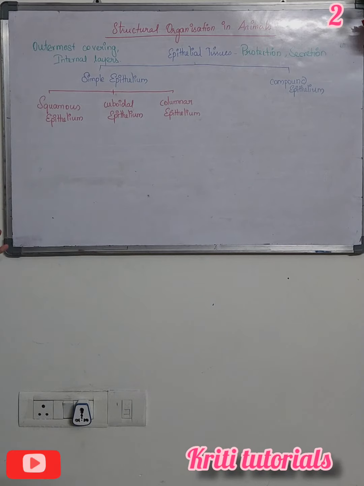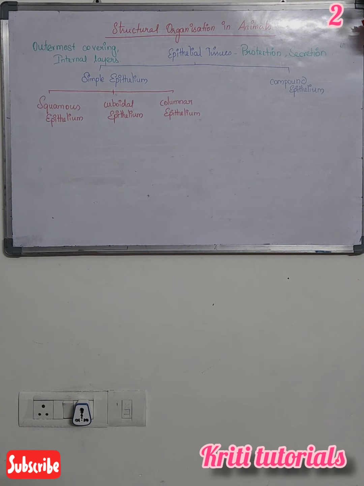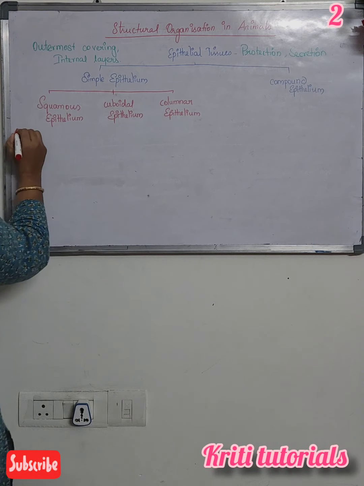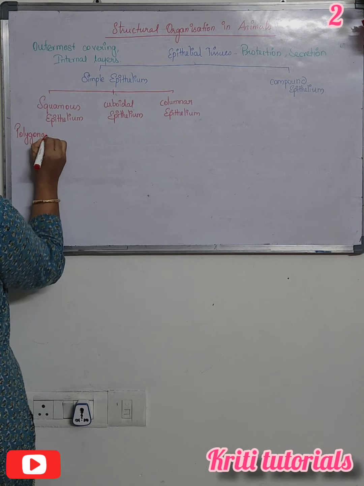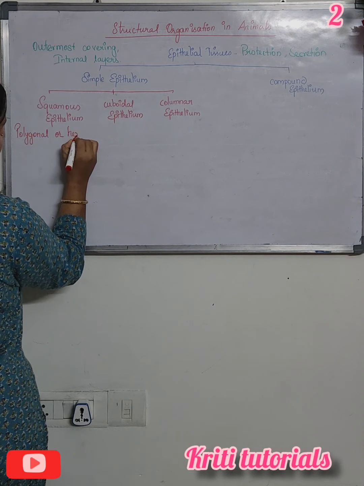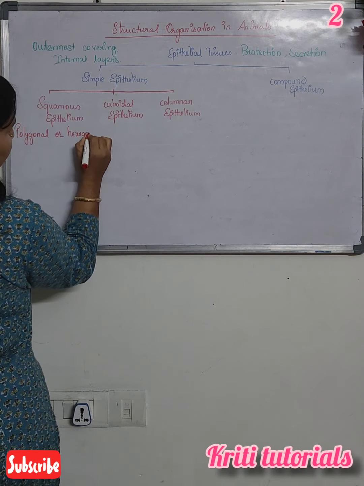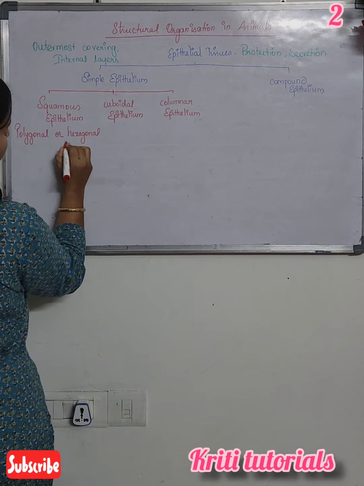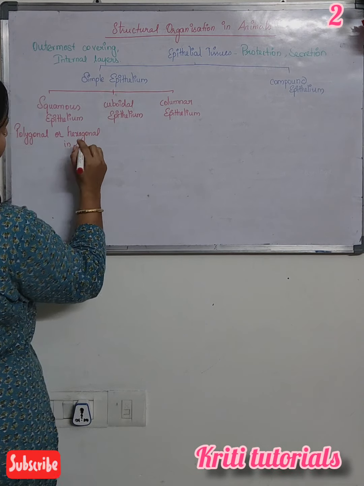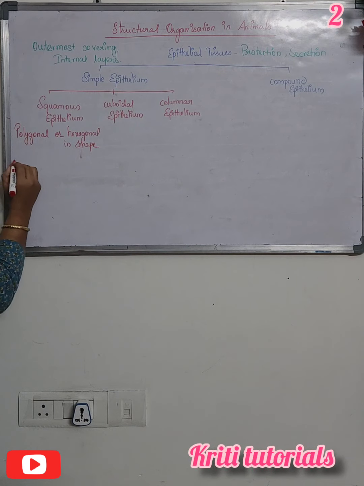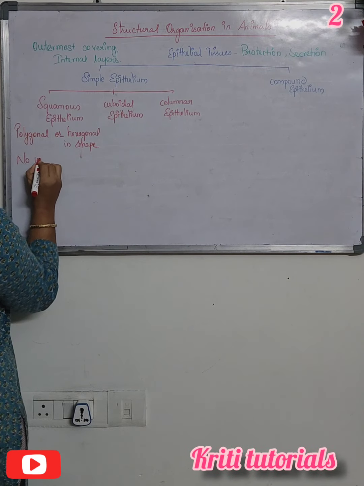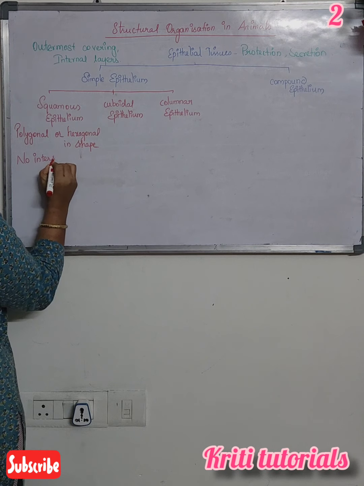Coming to squamous epithelium, the cells are polygonal or hexagonal in shape. The cells are arranged in such a way that there are no intercellular spaces.